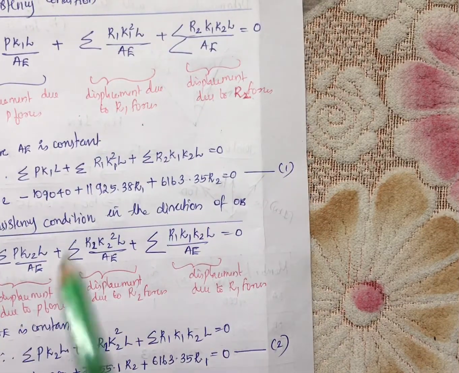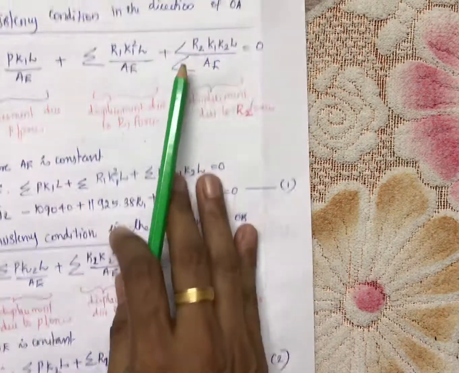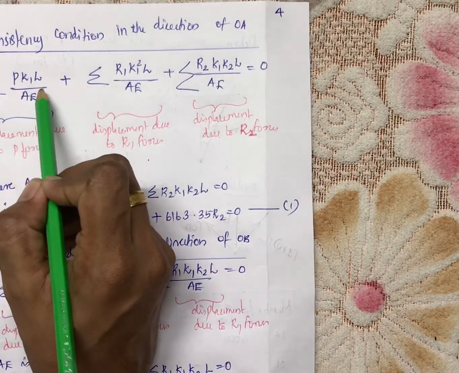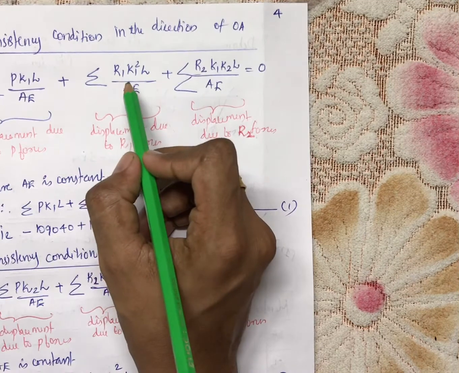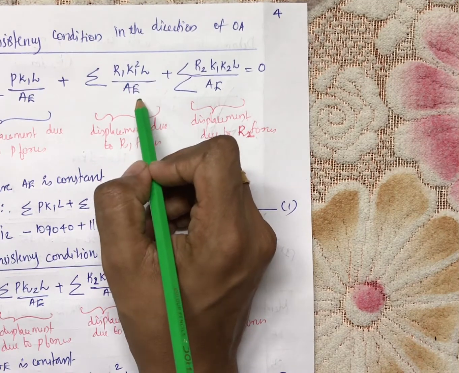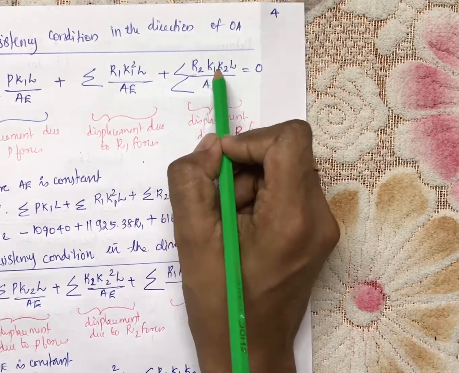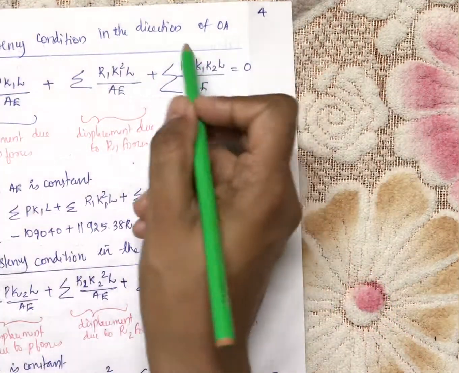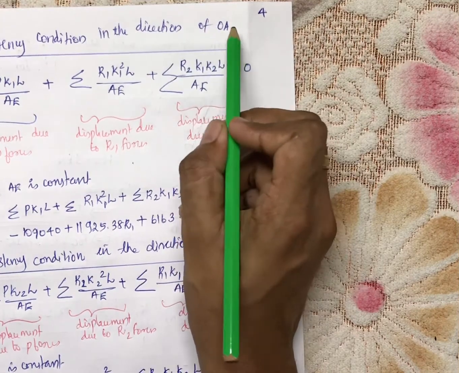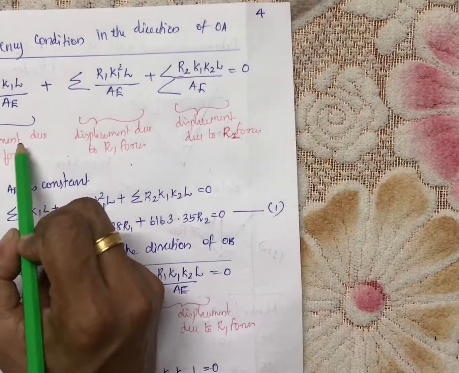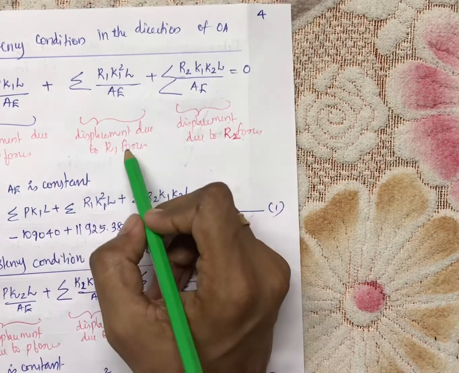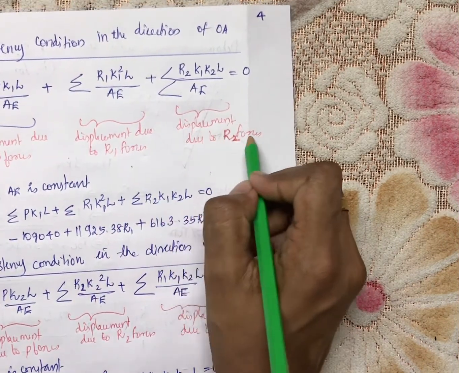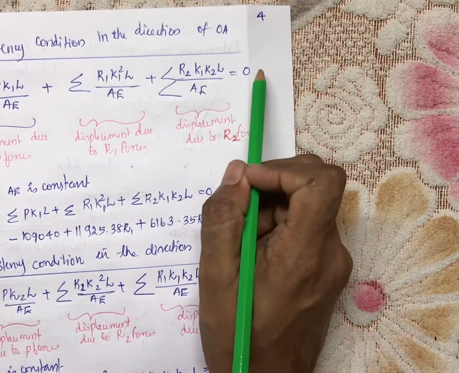Then the consistency condition in the direction of OA: summation PK1L by AE plus summation R1 K1 square L by AE plus summation R2 K1 K2 L by AE equal to 0. That means displacement due to P forces plus displacement due to R1 forces plus displacement due to R2 forces is equal to 0.